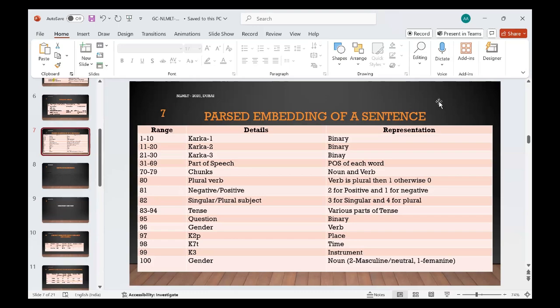Here, more than that, we can extract the gender of the noun, whether feminine or masculine, or whether the word is referring to a place or to a time. All such information we can extract from the sentence.